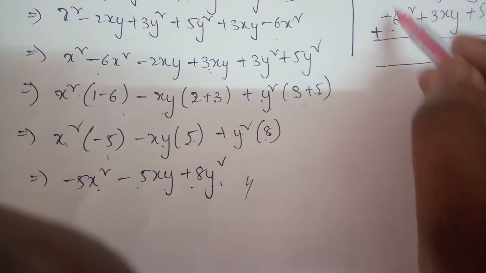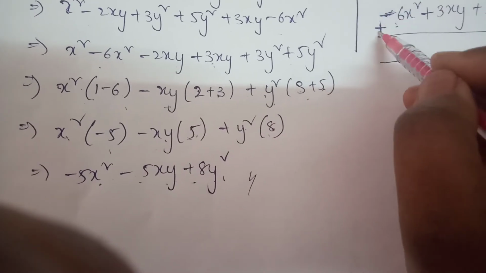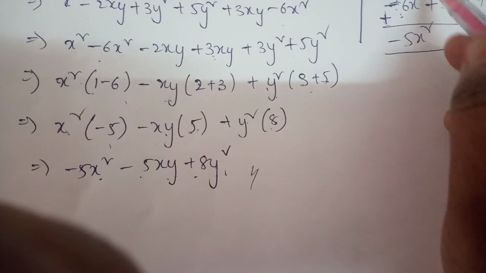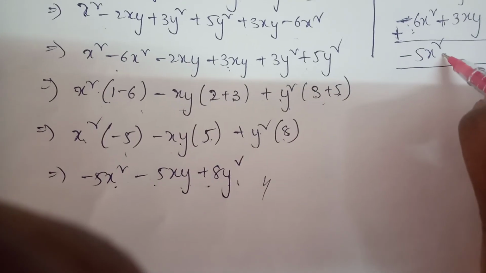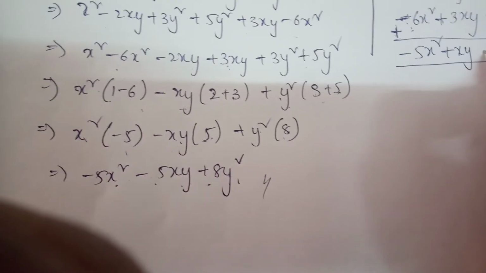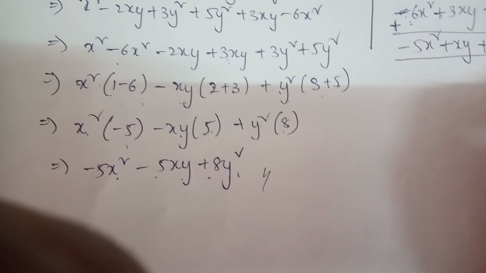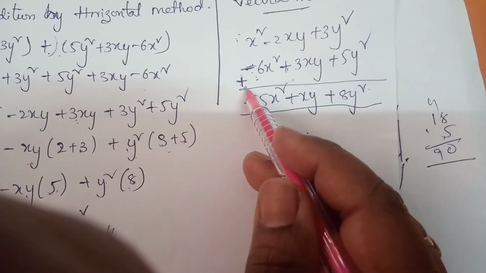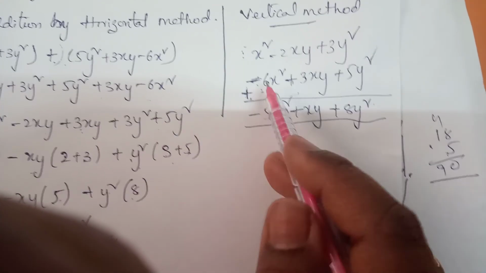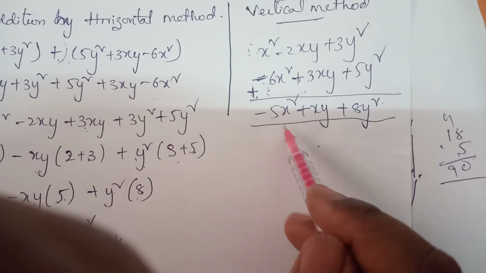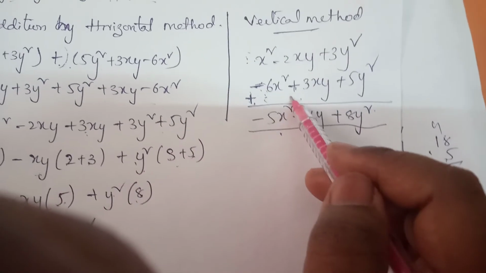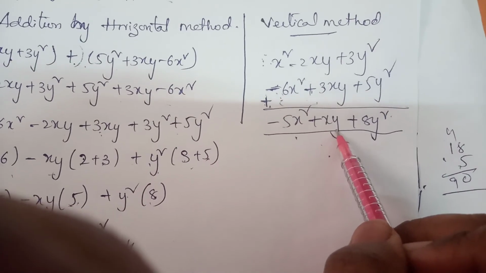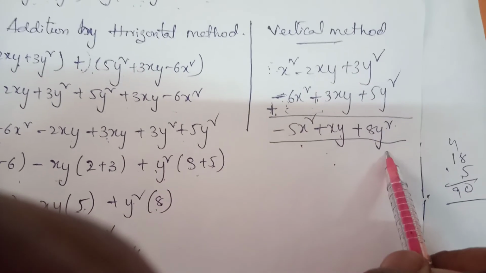Here 1 minus 6 is minus 5x square, minus 2 plus 3 gives plus xy, so plus 8y square. They said to do addition, so minus 5x square, and for xy terms minus 2 plus 3, and 3 plus 5 is 8y square.